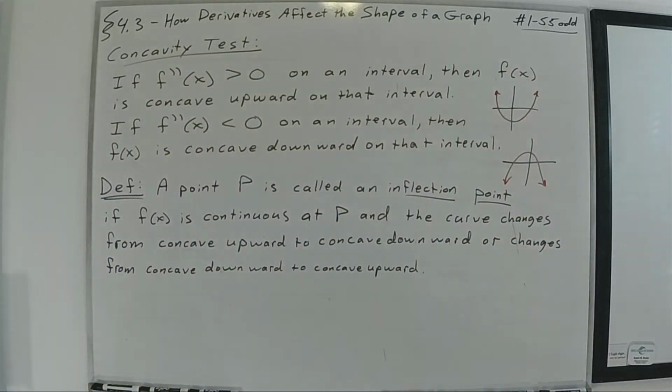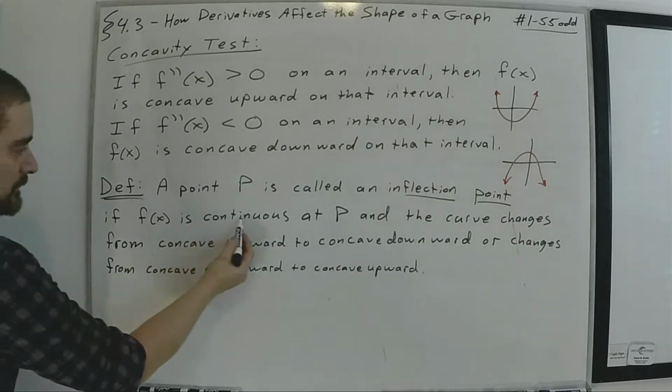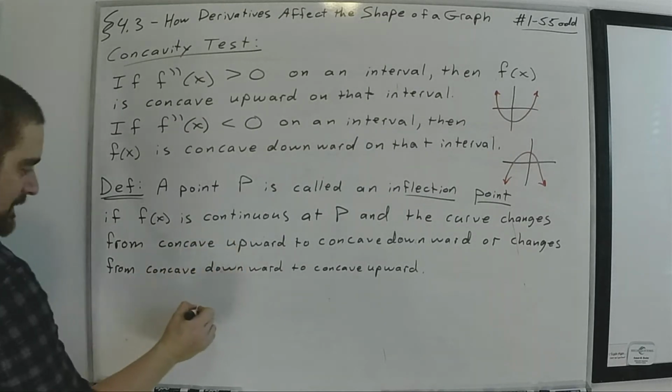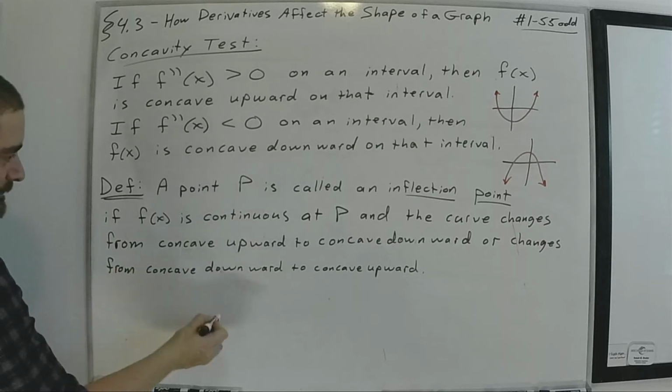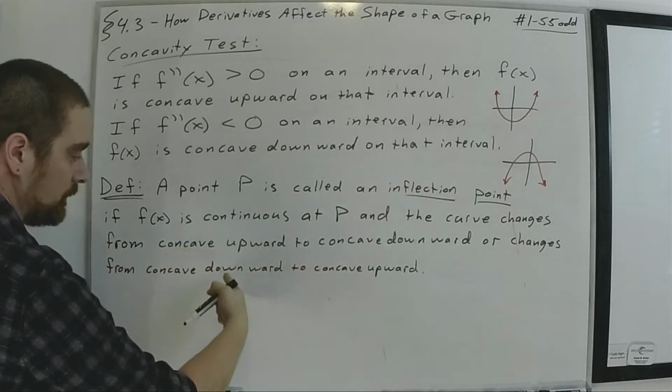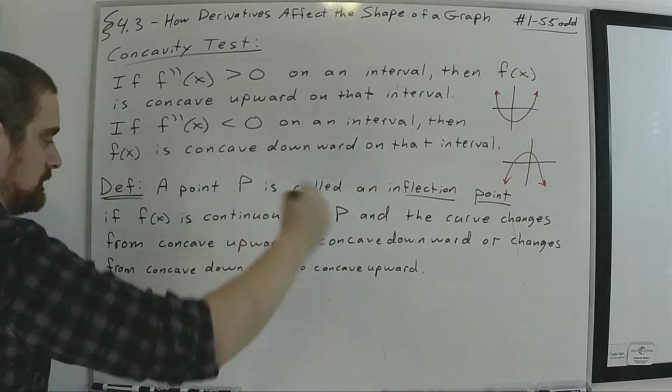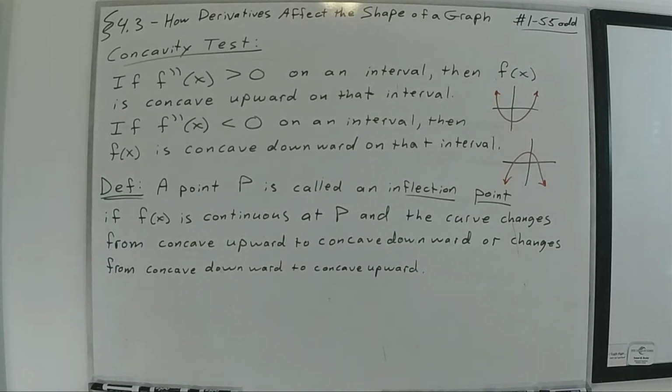So we want that function to be continuous so that we have that point on the graph. And it does have to change from up to down or from down to up. It needs to change the actual concavity. Then we'll go back and declare it an official inflection point.